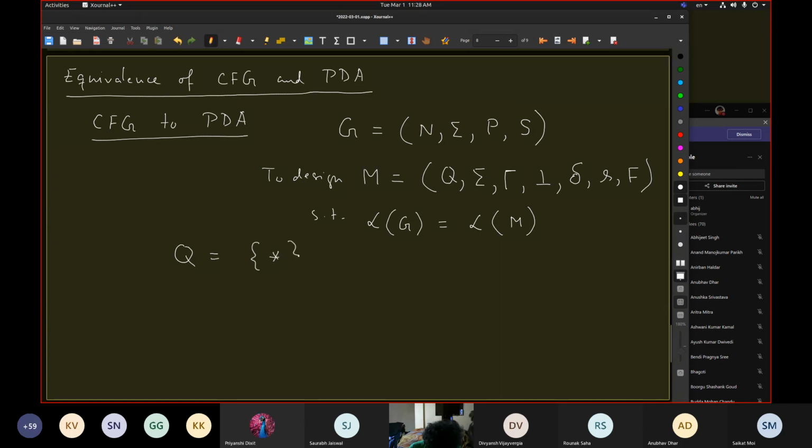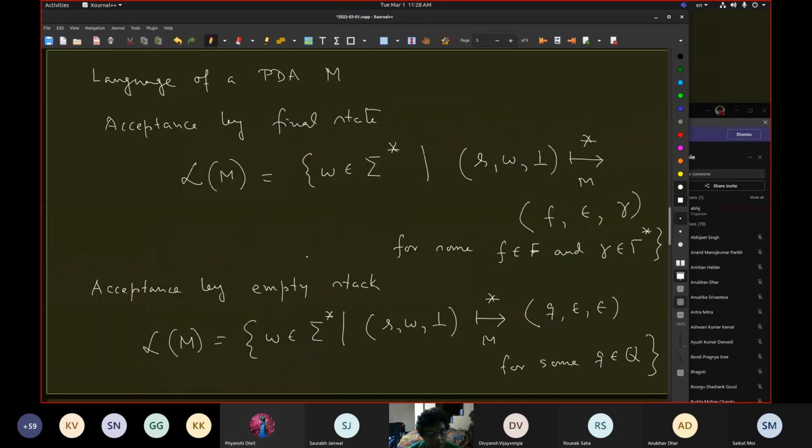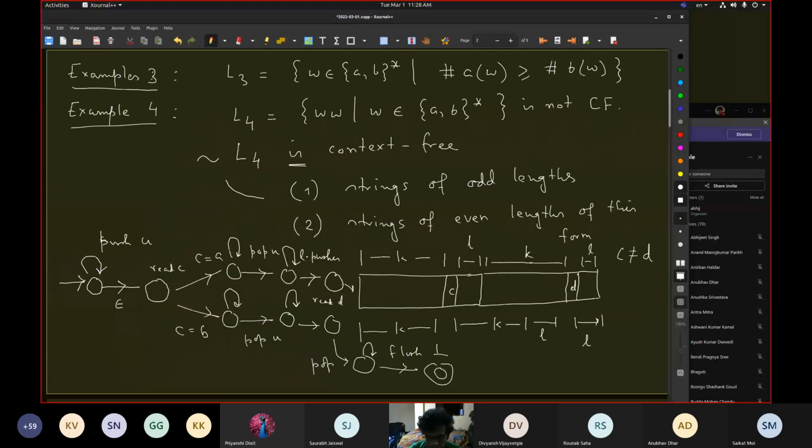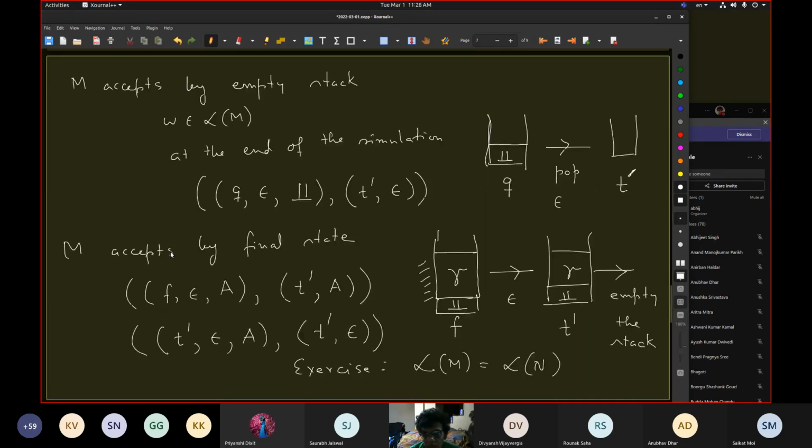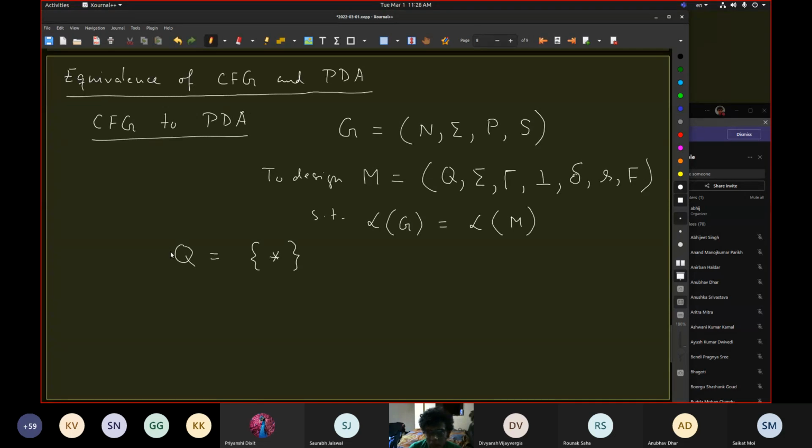There will be a single state in this machine. Therefore, if this is a single state, Q will be equal to the start state. This sigma and this sigma have to be the same, because that is the input alphabet.